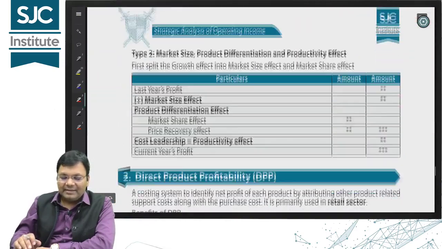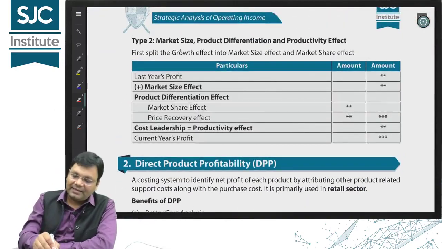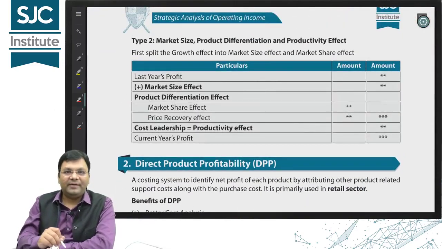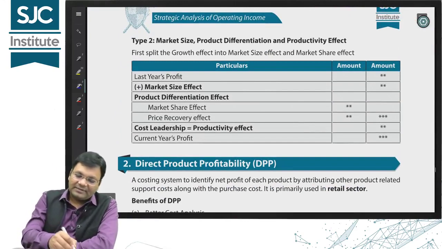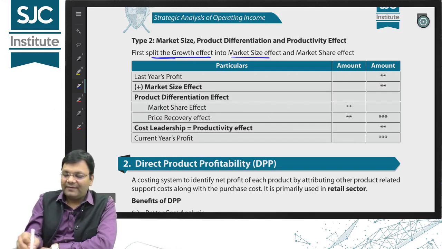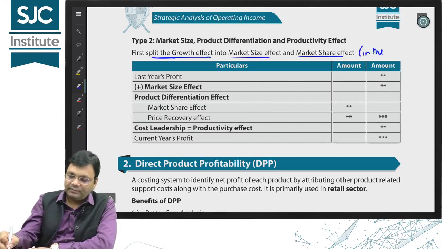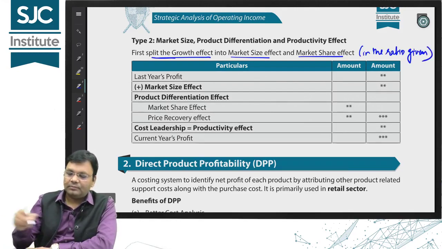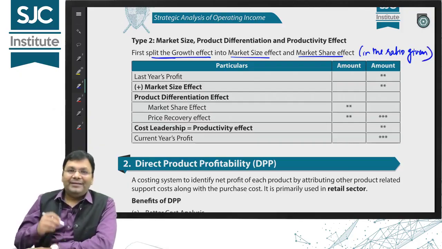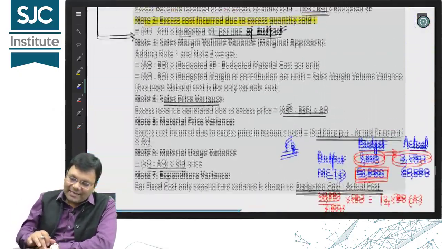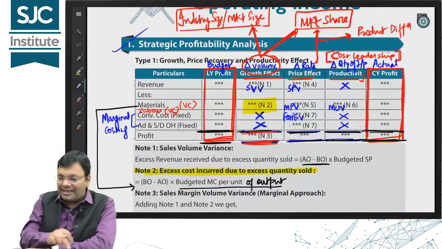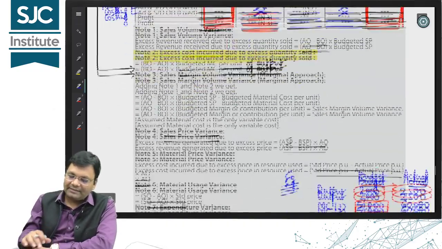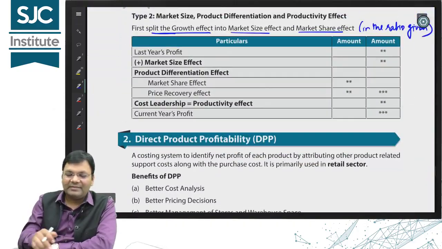So that is written in type 2, which is market size, product differentiation and productivity effect. The first step here is to split the growth effect into market size effect and share effect in the ratio given in the question. Then rewrite just the last row of the income statement in a format like this: last year's profit.